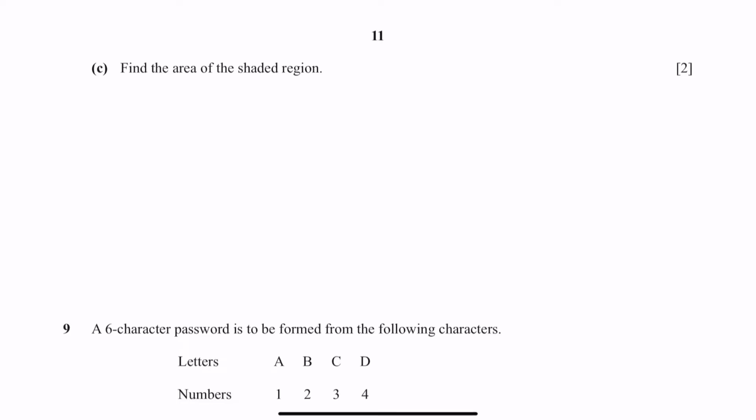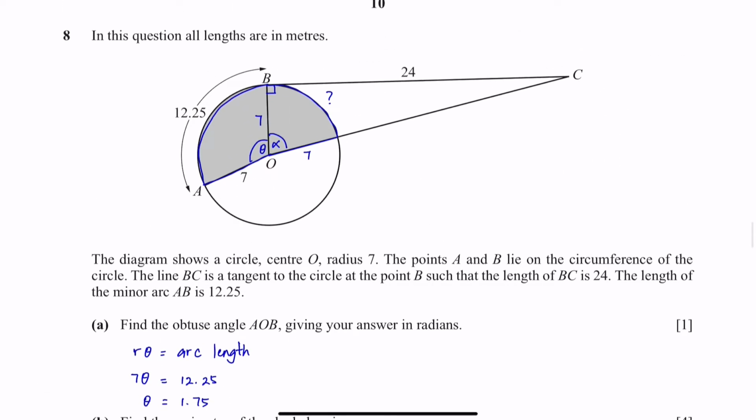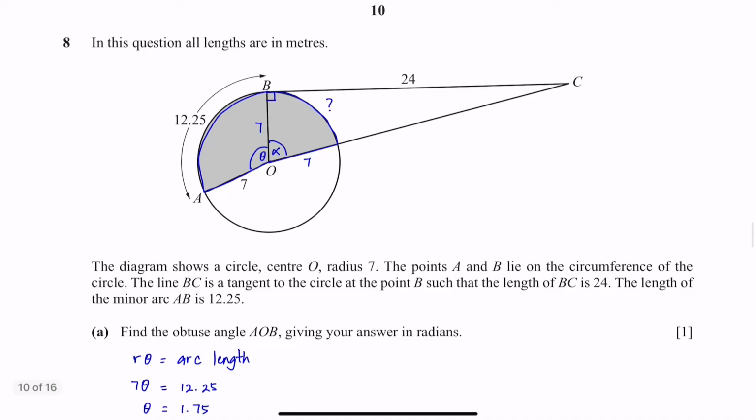Part C. Find the area of the shaded region. So now we need to find the area. It's basically just the area of two sectors added together. So we have the first sector, this sector.